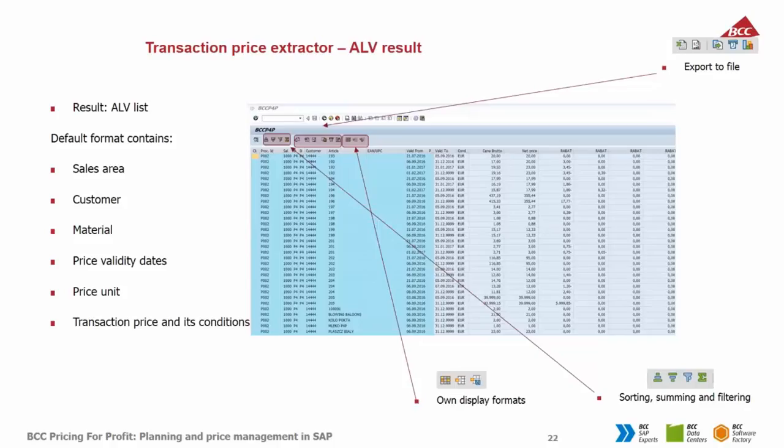So we can choose the amount of data, which columns we are interested in, the order of columns, filtering, sorting, and the use of the standard functionality of exporting the table to a file. In default view, we see such columns as sales area, customer, material, price validity dates, price unit, transaction price, and its conditions.